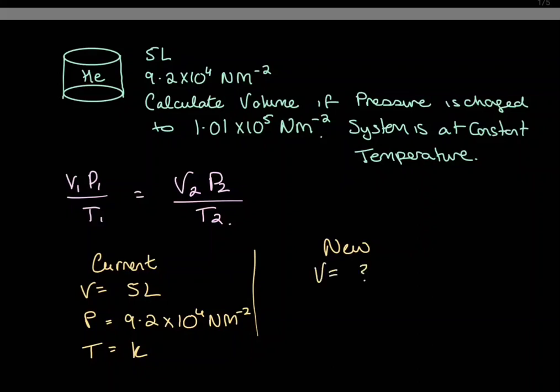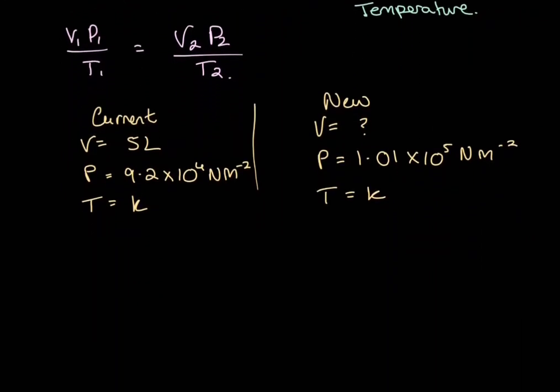Volume here, we don't know. The new pressure, we do know. And the temperature again is constant. So we fill this in, 5 litres. I'm just going to write K for the temperature.